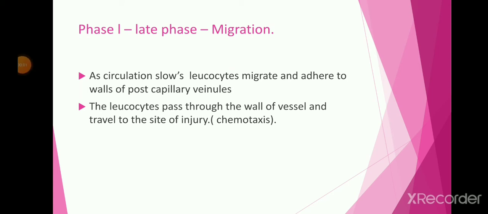The circulation slows down due to the vascular permeability and vascular dilation. And due to this vascular dilation, leukocytes migrate and adhere to the wall of post capillary venules at the injured site. The leukocytes pass through the wall of the vessel and travel to the site of injury to work as a phagocytic process. During phagocytosis, they engulf the microorganism and destroy them.